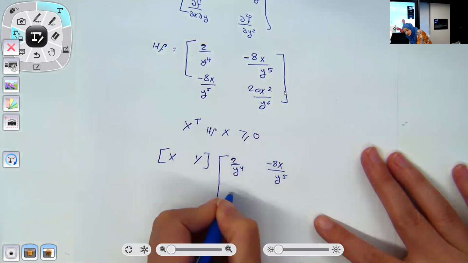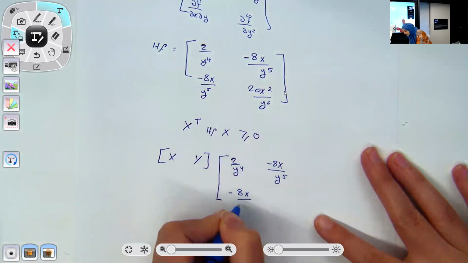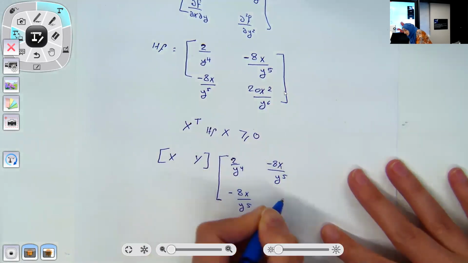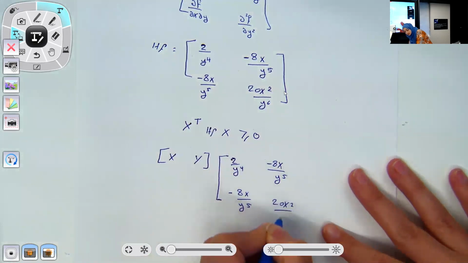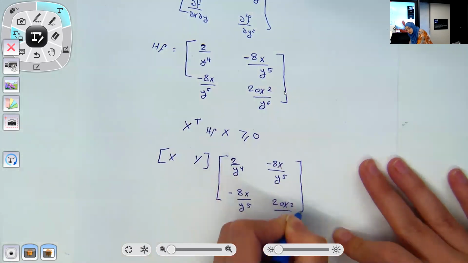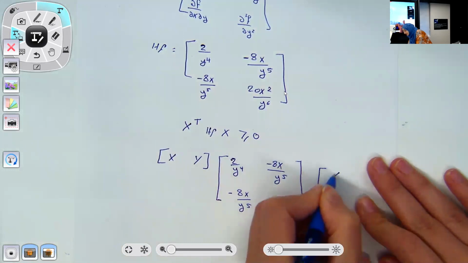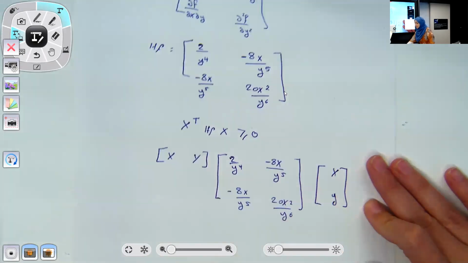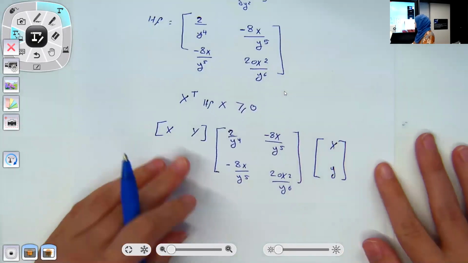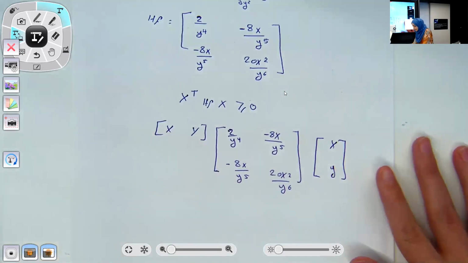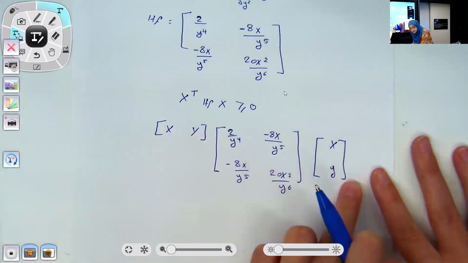Here we have also minus 8x divided by y to power 5. And here we have 20x squared divided by y to power 6. And all of these multiply with x and y. We just need to find the multiplication between this vector times this matrix times this vector.